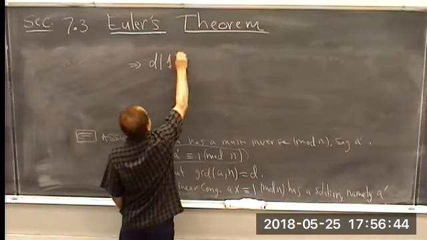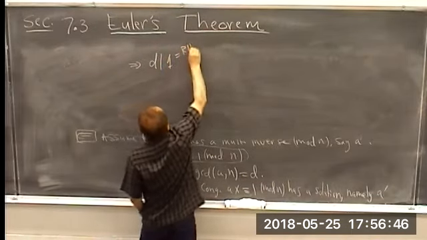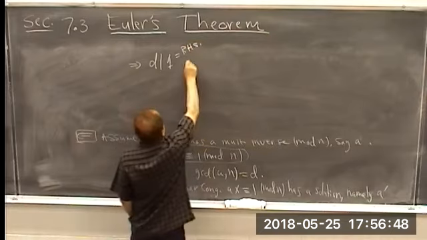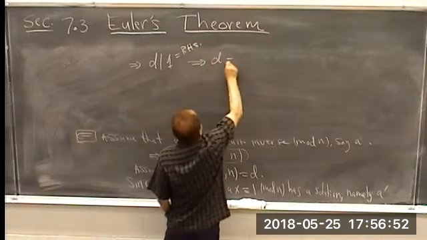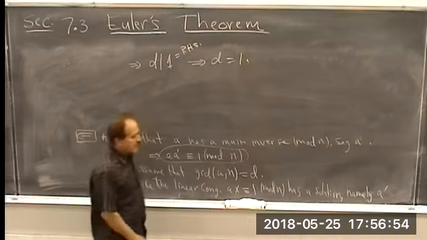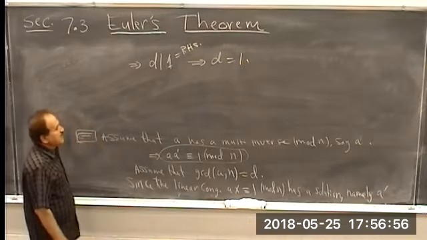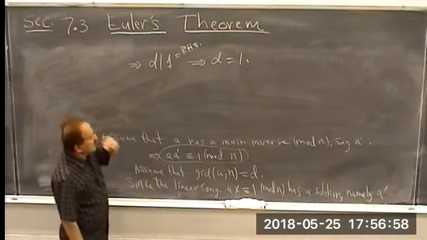This is the right-hand side of the congruence equation. Well, what does this imply? It implies that d must be equal to 1. The only positive number that divides 1 is 1, and d is positive.